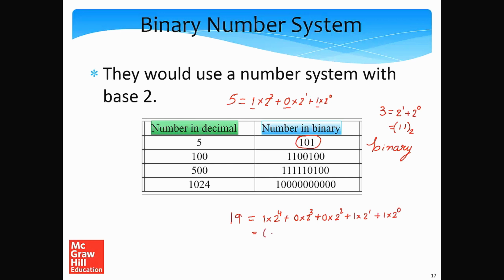So this would be equal to 1, 0, 0, 1, 1 in base 2. So 1, 0, 0, 1, 1 is the way that we would represent the number 19 in the base 2 system or the binary system.